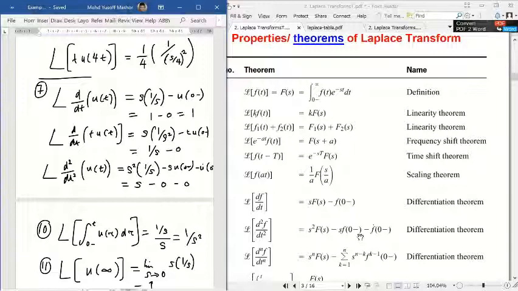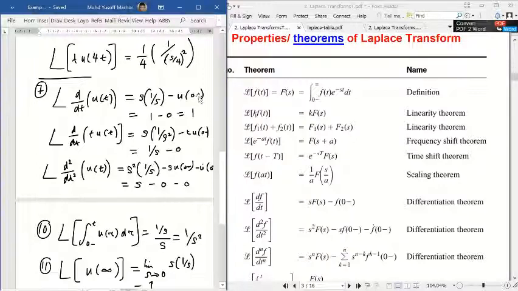Here we have 0 minus, that means the value very close to 0 on the minus side, on the left side when we approach the starting of that function. That means it will represent the step in this case on the left hand side, which is 0. So 0 minus equal to 0, 0 plus for step function will be equal to 1, because for the step function after t equal to 0, the output is equal to 1.